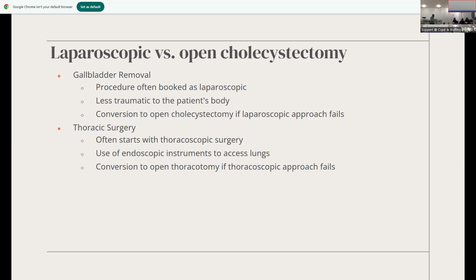And then they do their work and get out. Then there is conversion to open cholecystectomy if the laparoscopic approach fails. So if the laparoscopic fails, they now do the open. If they cannot see well, it's not wide, or it's a bit complicated, then they do the open.